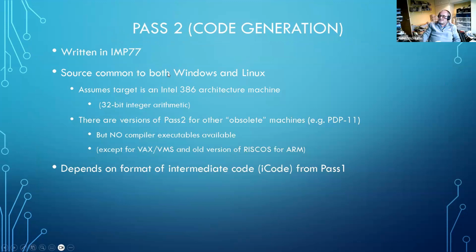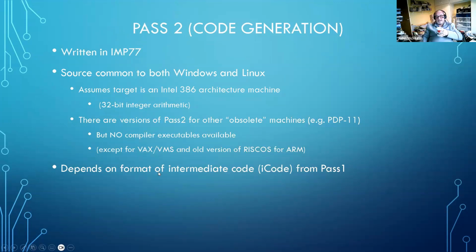The source is common to both Windows and Linux, and again, assumes the target is Intel 32-bit. There are versions, as I said, for pass2 for other machines, but we don't have the executables available, except for VAX VMS, which is up and running under SimH, and there's an old version for RISC-OS for ARM.